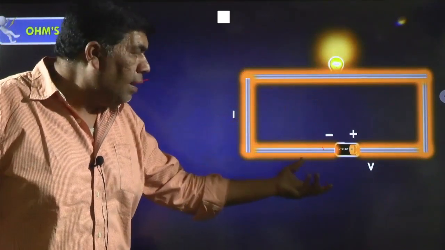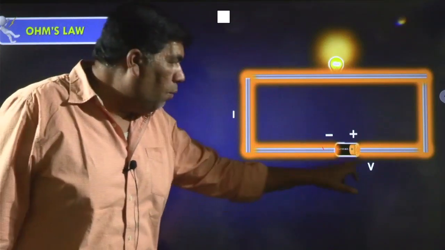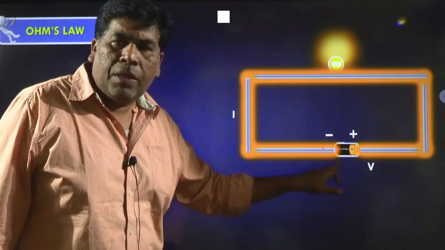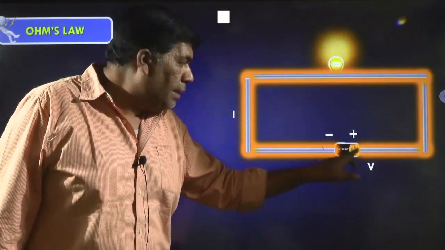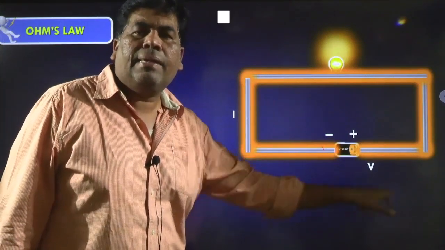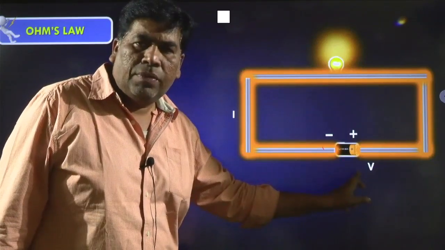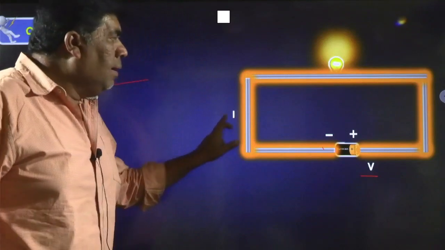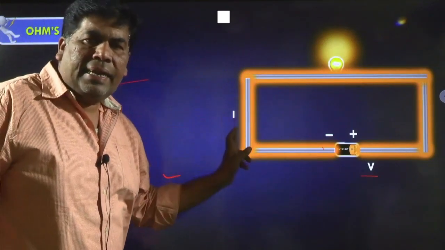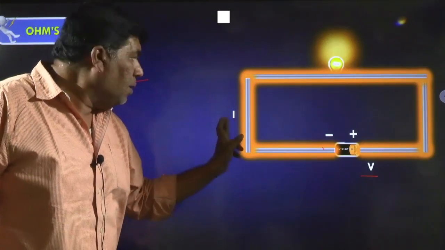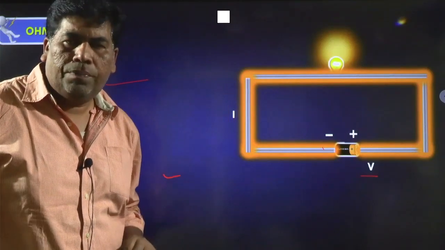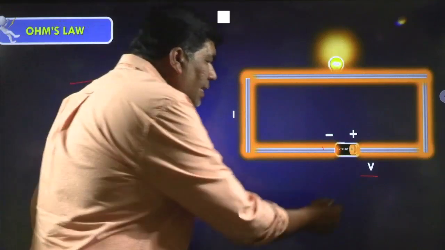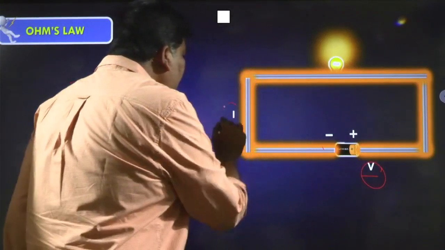Here we have two quantities: one is V, another is I. Because of this battery, some voltage V is supplied along the circuit, which is called the potential difference V, and the current passing in the conductor is called I, because of which the bulb glows.